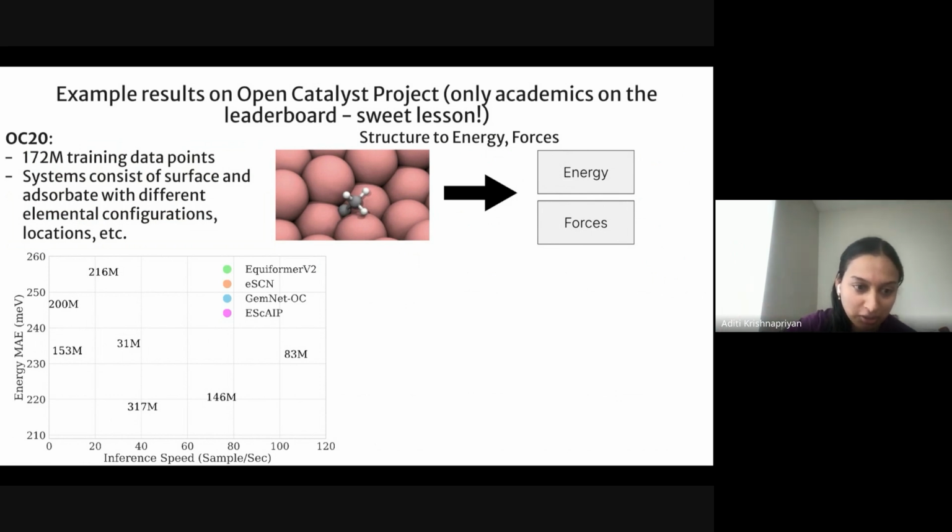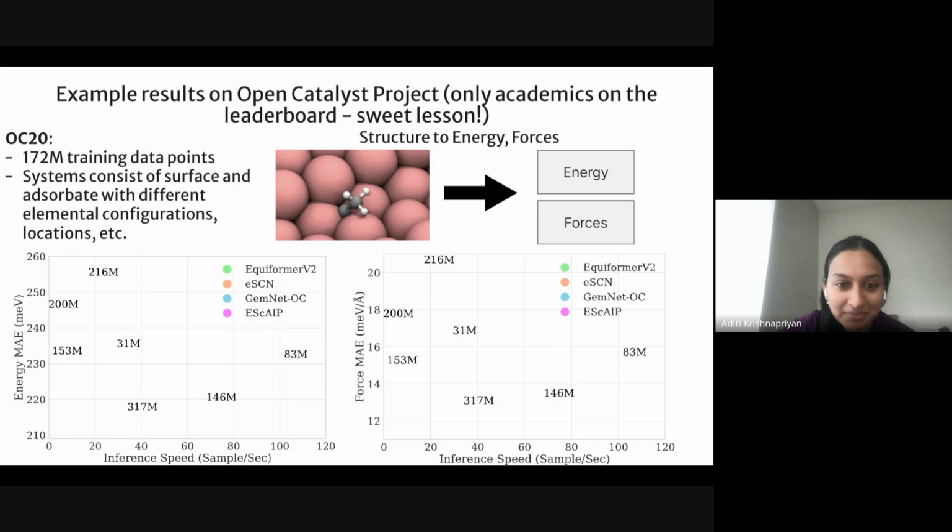And as you make the models bigger and increase the parameter counts, the energy error goes down. But even our largest model here at 317 million is still actually faster than all of the other previous models like GemNet, eSCN, and EquiformerV2. The paper actually has the dots there. I'm actually not sure why they disappeared.